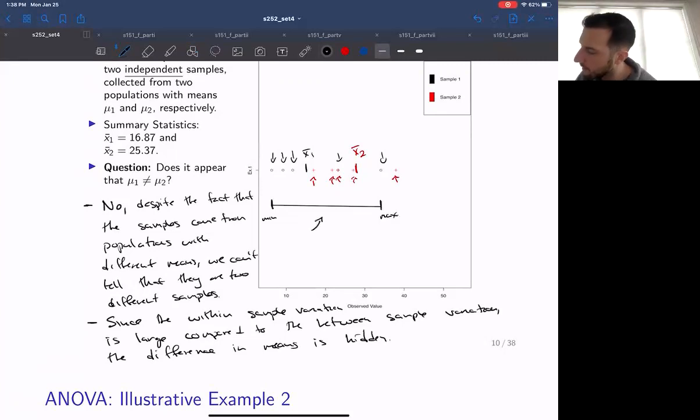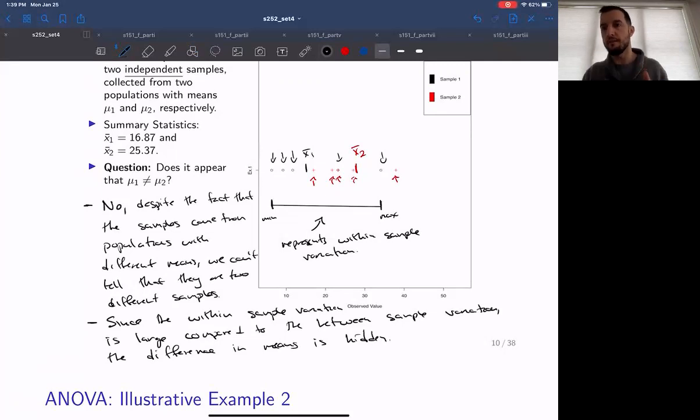And then we can say that this line here represents within sample variation. When I'm talking about within sample variation, I just mean the variance or the spread of each of sample 1 versus sample 2. So within sample means for the particular sample.